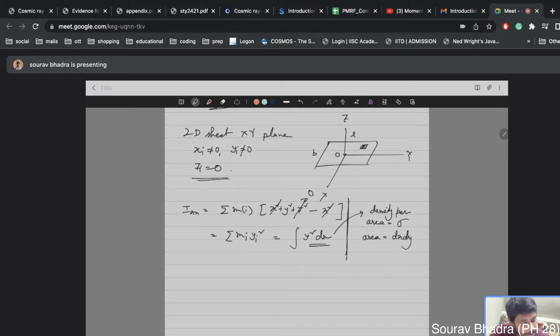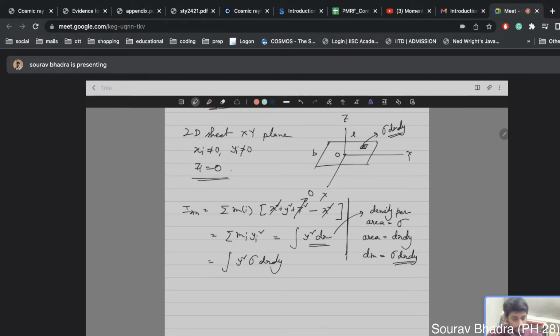So the mass of that particular portion, dm, is sigma dx dy. Now we write sigma dx dy in the integration.